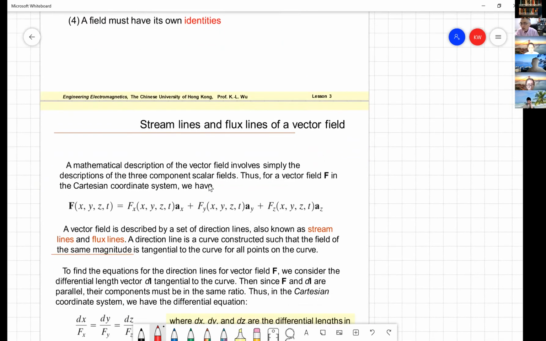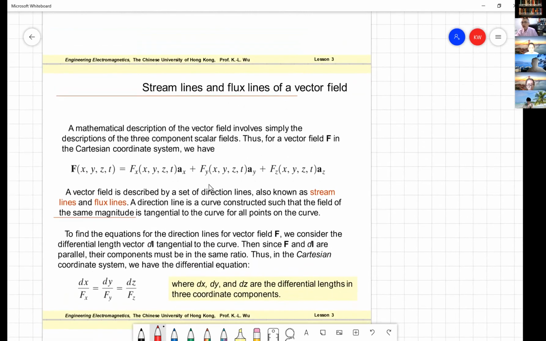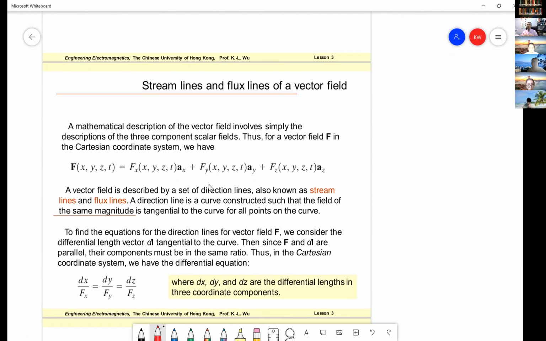Now let's talk about how to find a streamline, which we also call a flux line or field line. They are the same thing. Those lines are from a vector field. We just mentioned what a field is: a field is a vector.